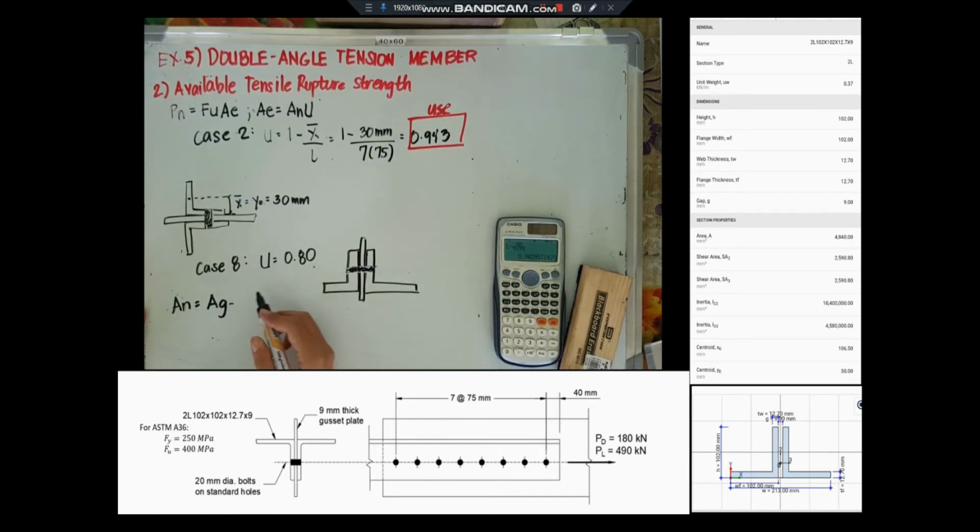So gross area minus that. So 2 times the diameter 20 plus, remember, 2 millimeters, multiplied by the thickness of our angle, which is 12.7.